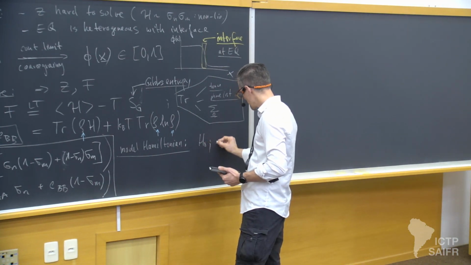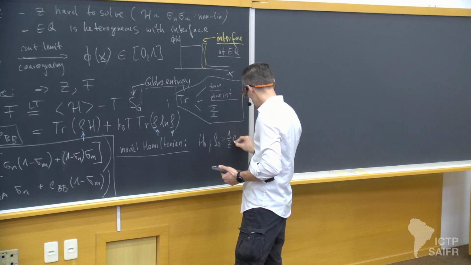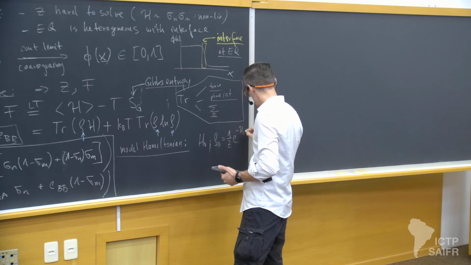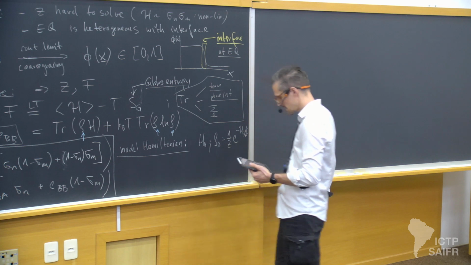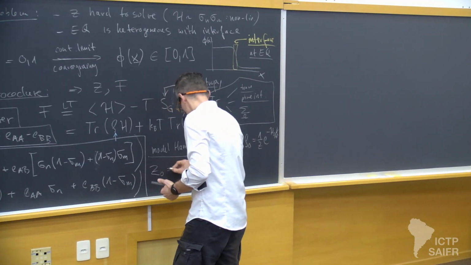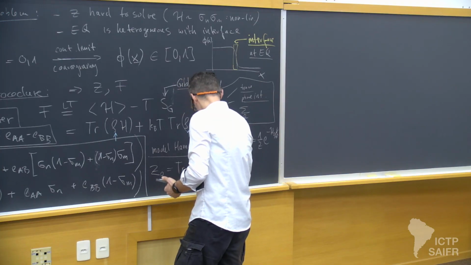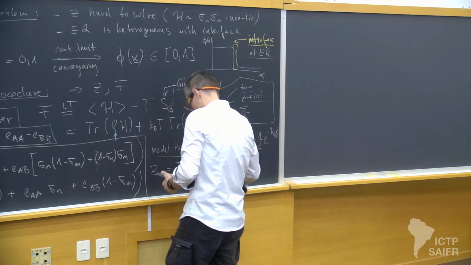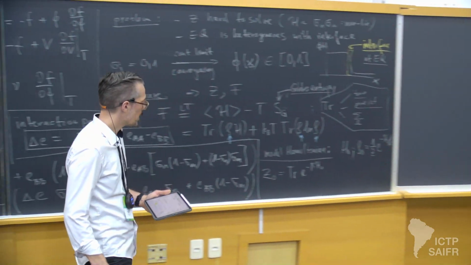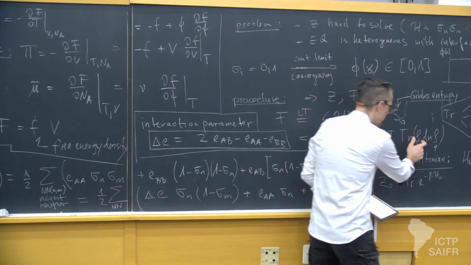It comes with a probability density rho naught, which is 1 over the partition function Z naught times e to the minus H naught divided by k_B T. And the partition function is, of course, the sum over the states. We use this model Hamiltonian to replace exactly the problem, and this is exactly the rho here.